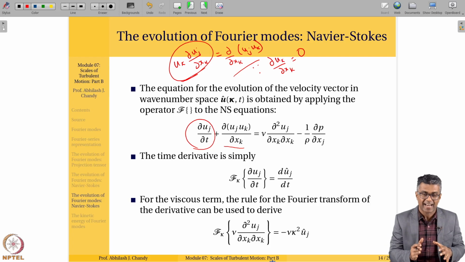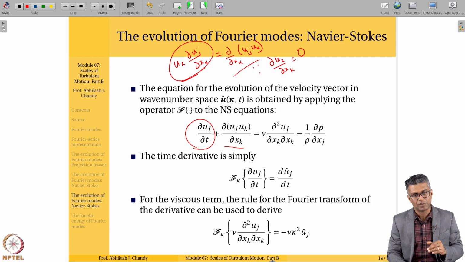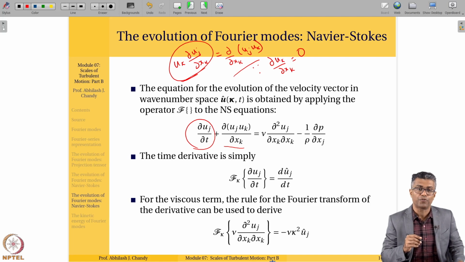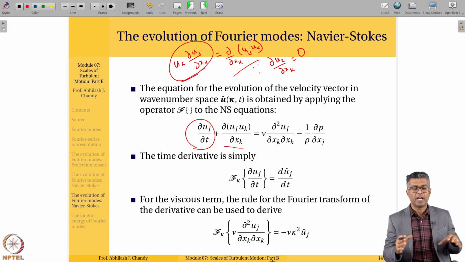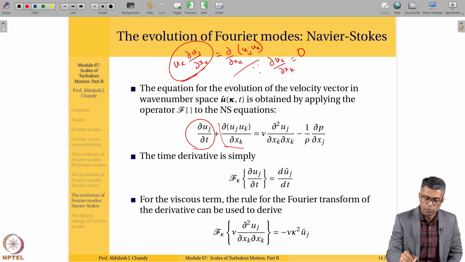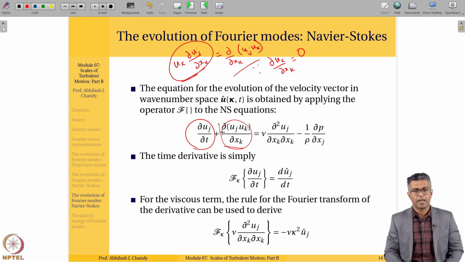Now, the reason I am writing the Navier-Stokes equations in this form is because I want to take a Fourier transform of a derivative rather than some function multiplied by a derivative. I want to take a Fourier transform of a derivative, and so that is why I wrote it in this form. It's the same, del xk of uj uk.